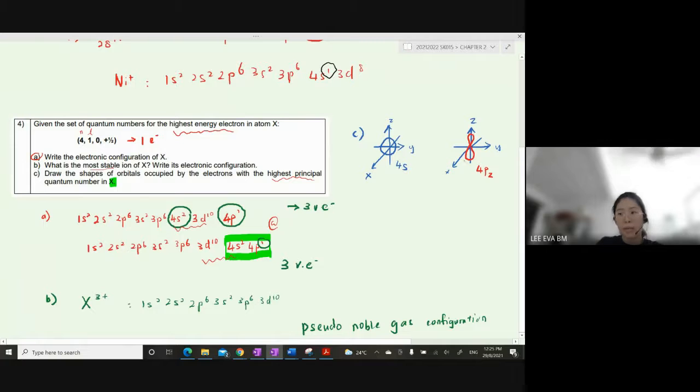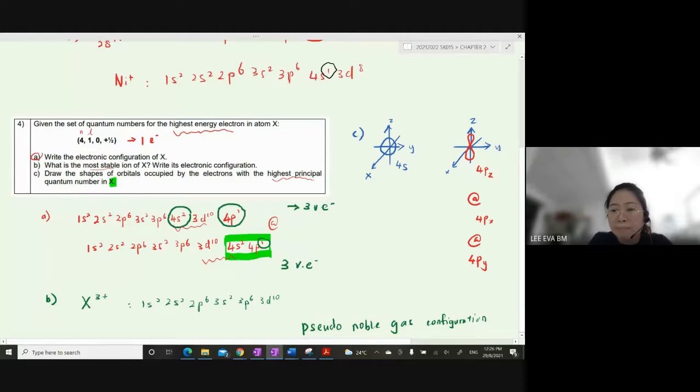Either one only because you only got 4S and 4P1. Okay, because the highest value of N is 4 in this electronic configurations, then you have to write both of them.